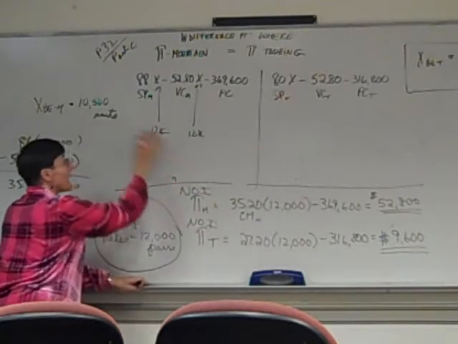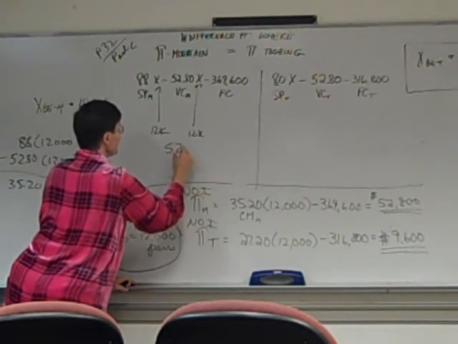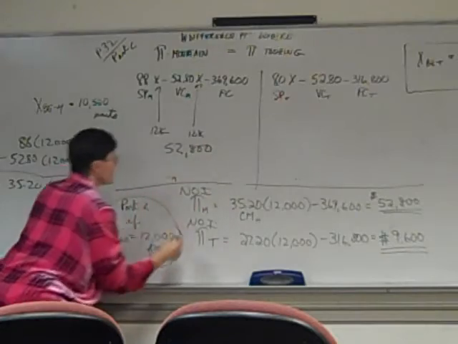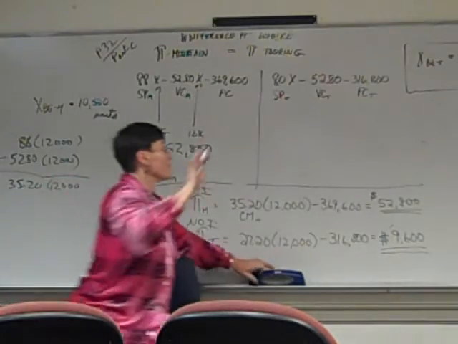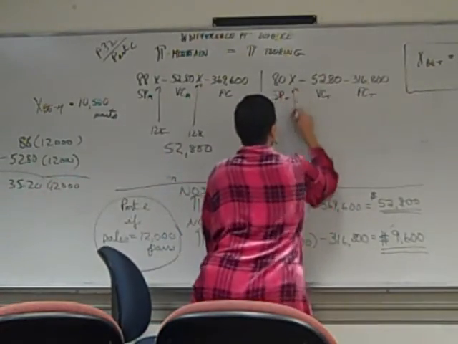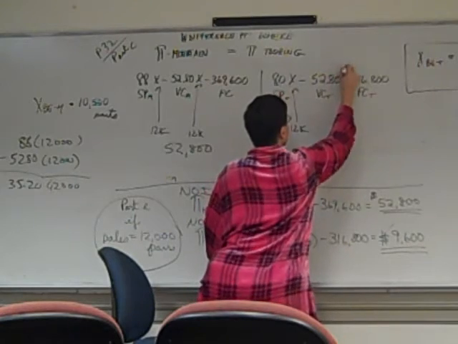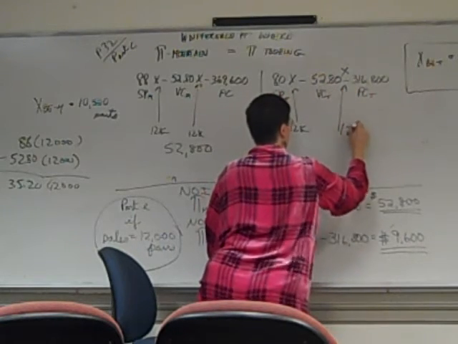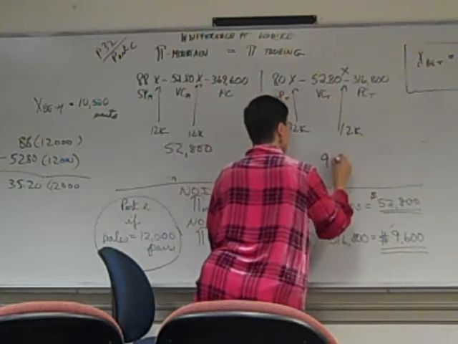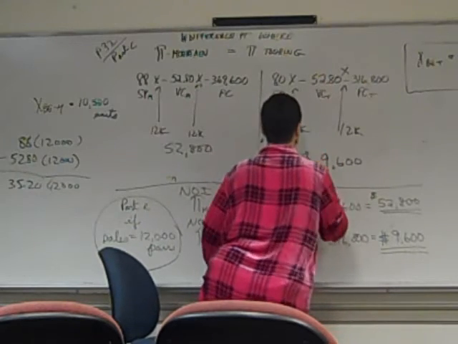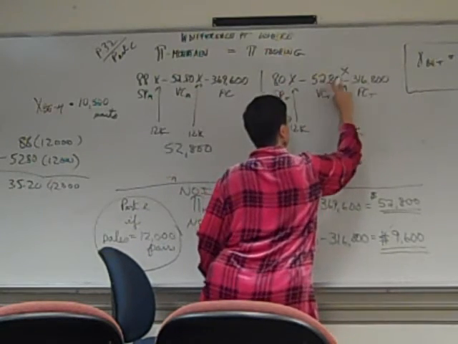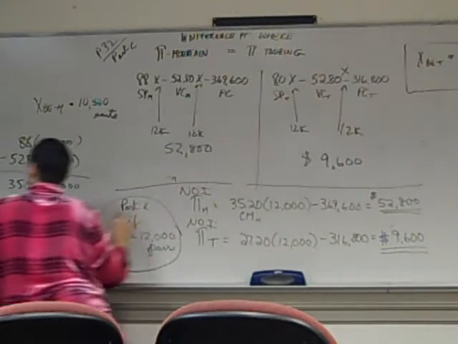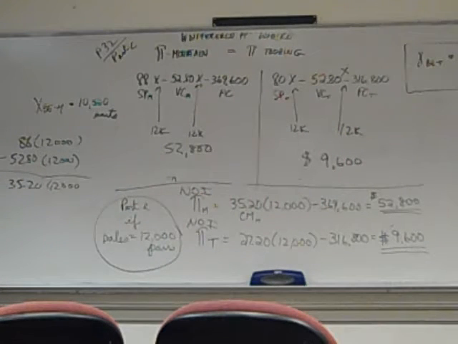Same thing there. And then if you solve this, you get 52,800. If you do this side of the formula and stick in the 12,000, you're only going to make 9,600. Selling price minus variable cost minus fixed cost gives you what? Net operating income.